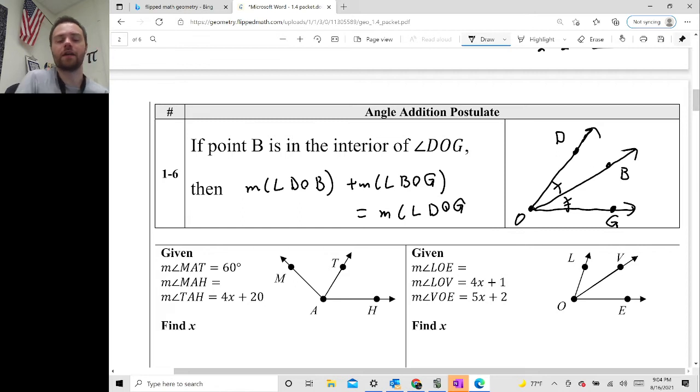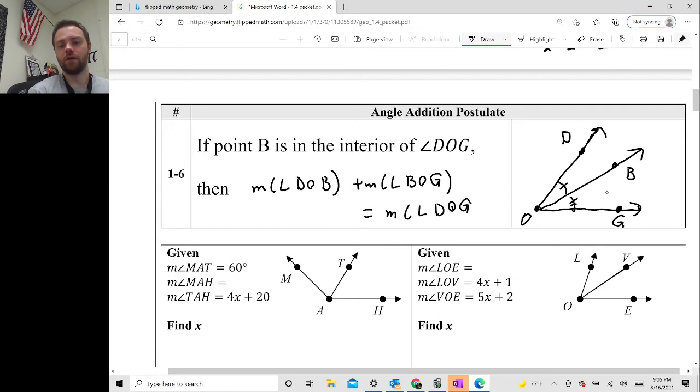This is using those algebraic skills to solve for different variables using these addition postulates, and getting your mind in the mindset of two angles on the interior adding up to the entire big angle. So angle 1 plus angle 2 equals big angle. That's the idea. Small angle plus small angle equals the big angle.